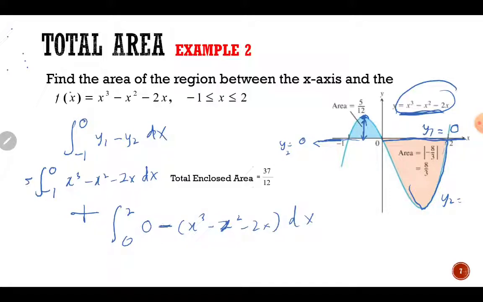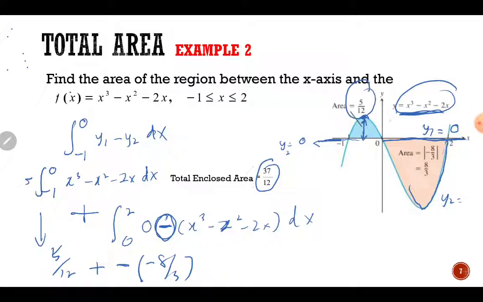So ada negatif siap-siap kat luar ni. So with that you akan dapat jawapan yang ni 5/12 tambah dengan negative of this, negative of negatif 8/3. So kita dapatlah 37/12. Okay. You cubalah solvekan integration ni dan tunjukkan you akan dapat jawapan 5/12 dan 8/3 ni. Alright.